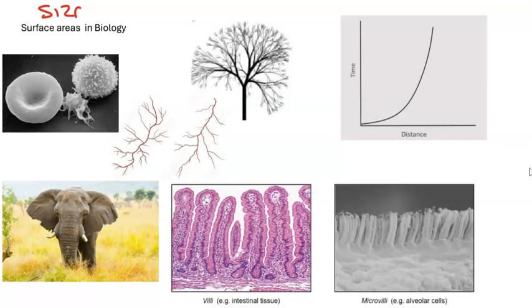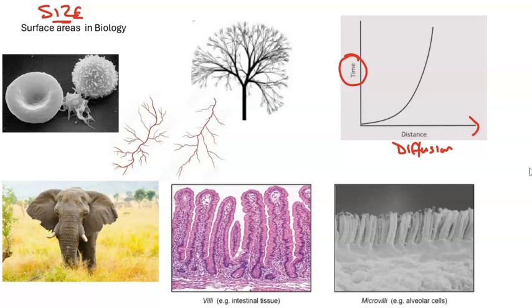Size. As the size of an organism increases, the diffusion distances for oxygen and carbon dioxide increase. As a consequence, the diffusion times for that diffusion also increase.